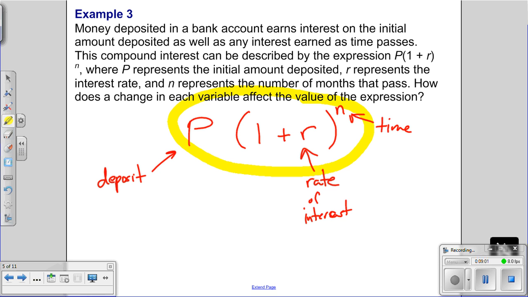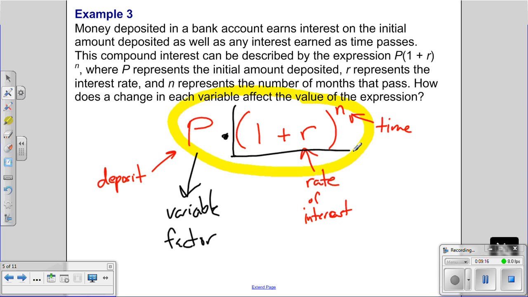The term is made up of a couple different pieces. We have a variable out here, which is a factor. And notice that factor is being multiplied by what? This entire thing is a factor. So here we have factor times factor, and that product is a term.